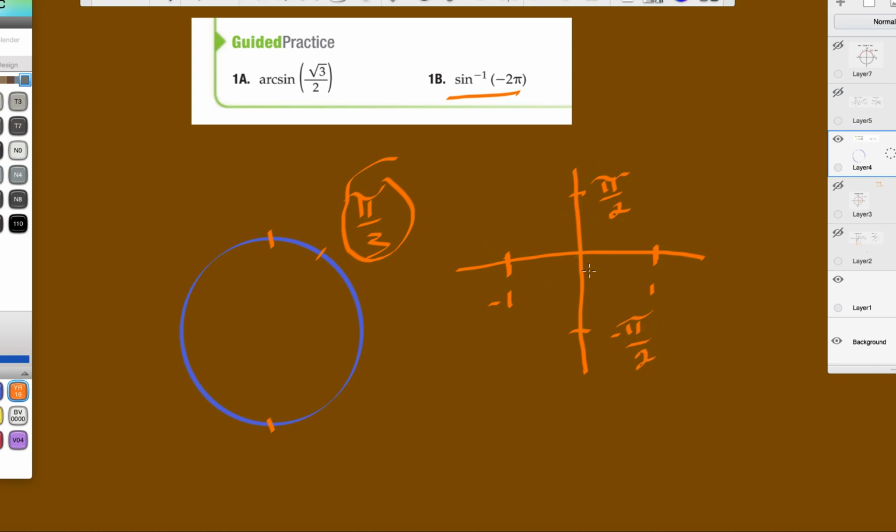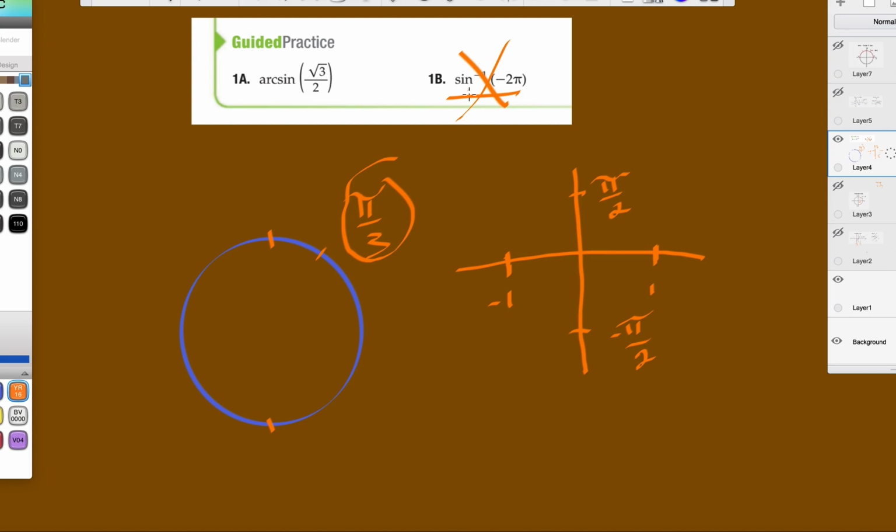So we're not allowed to go past that pi over 2. So this does not exist as an inverse function. We can't find this. This doesn't exist. And the book will trick you a bunch of times.